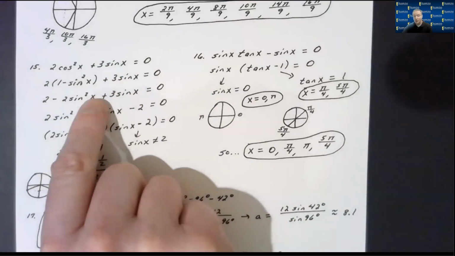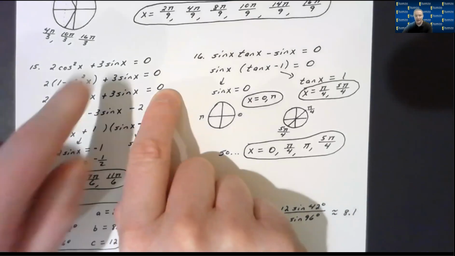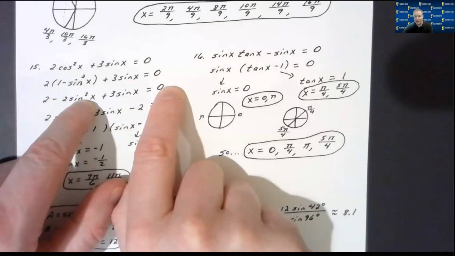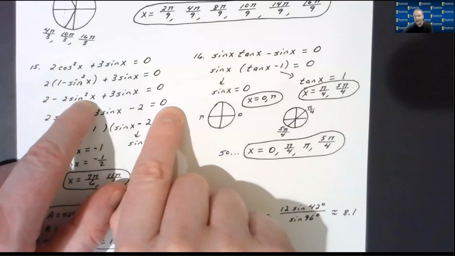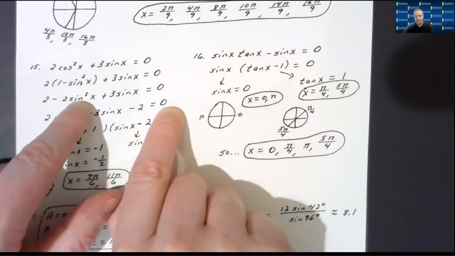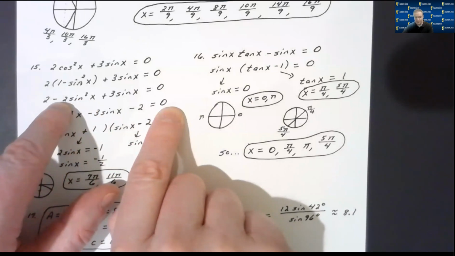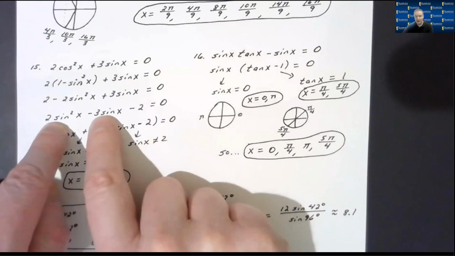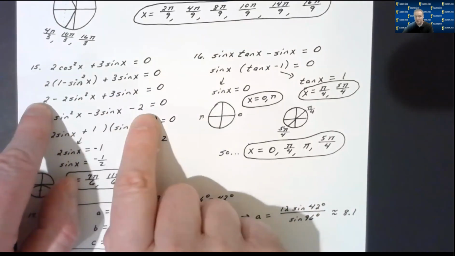So I went ahead and wrote it in descending order and multiplied both sides by -1 from this step to this step. Obviously, 0 multiplied by -1 is still 0. But now I need to change the sign of every term on the left. So I have positive 2 sine squared x minus 3 sine of x, and then minus 2.